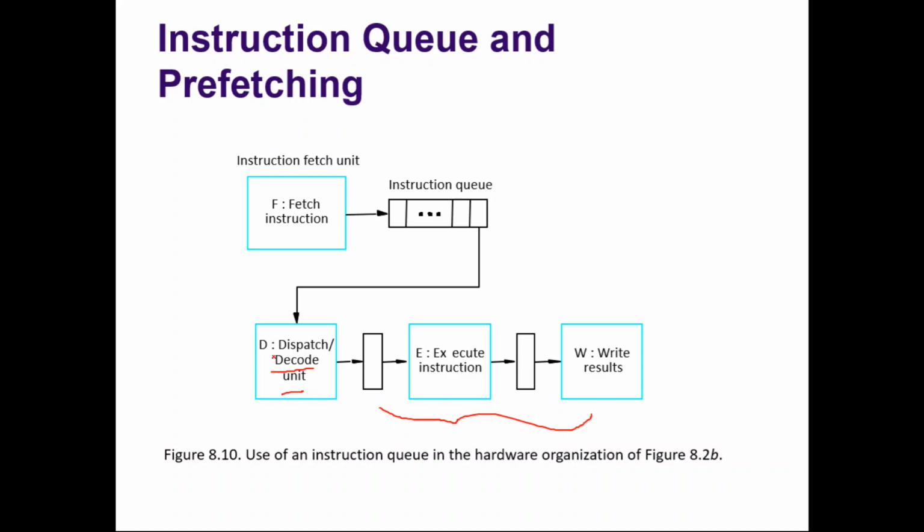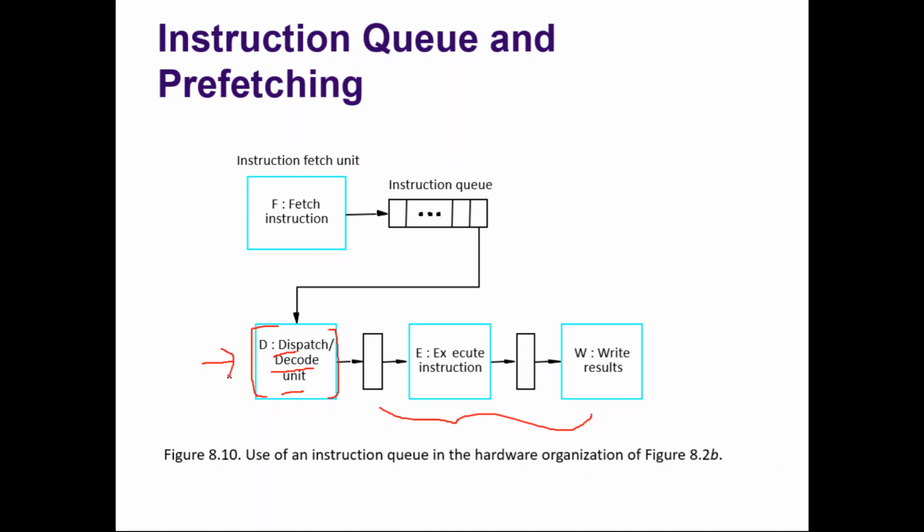So now the dispatcher cannot remove anything from the queue, right? Because the decoding unit is with some other instruction, and that instruction keeps on decoding for 2 or 3 clock cycles. That's what we are assuming. Okay, fine.